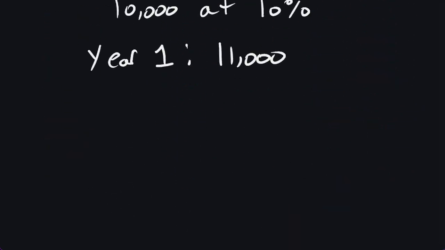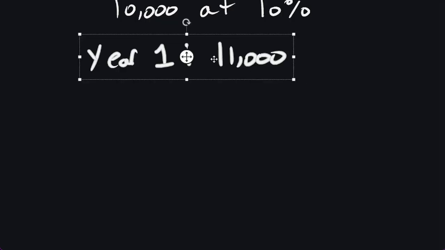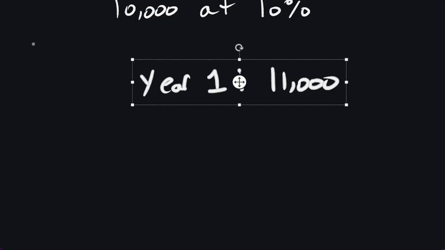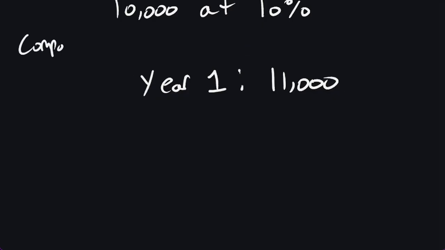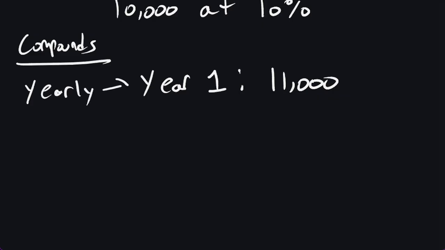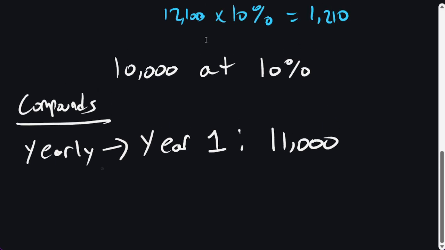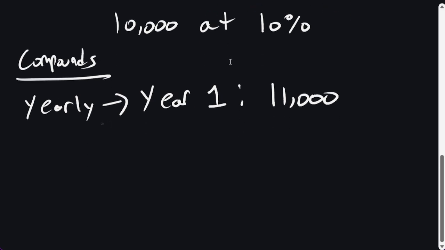So how often does it compound? This is yearly. If it compounds yearly, then in year one, in this same example, you will have $11,000.